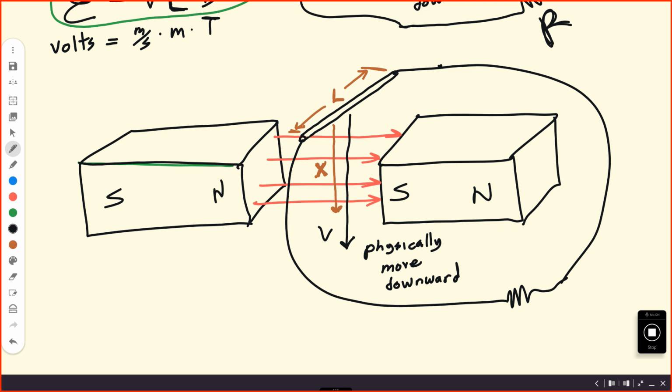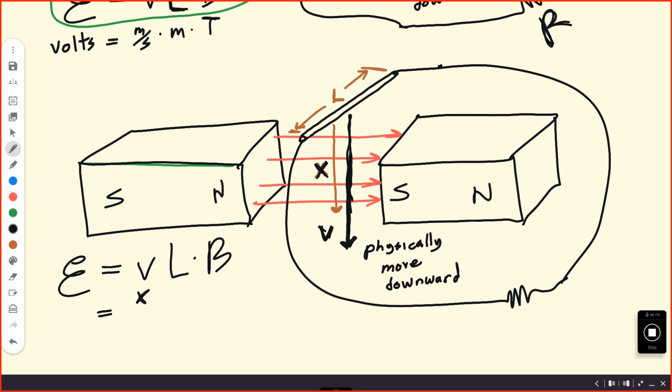Watch this. We know the induced EMF, the voltage produced, depends on how fast you move that wire times the length of the wire times the strength of the magnetic field. But that velocity, I could rewrite it. That downward velocity, how fast I push that wire down, is distance over time. So it's this distance x divided by time.